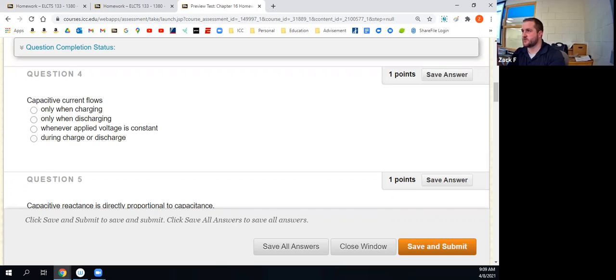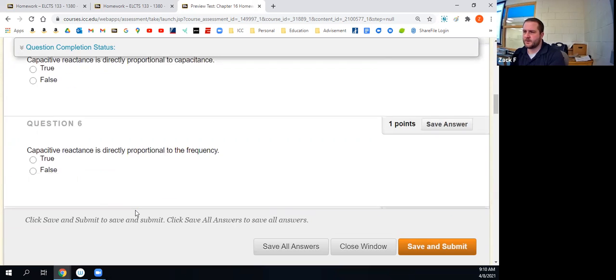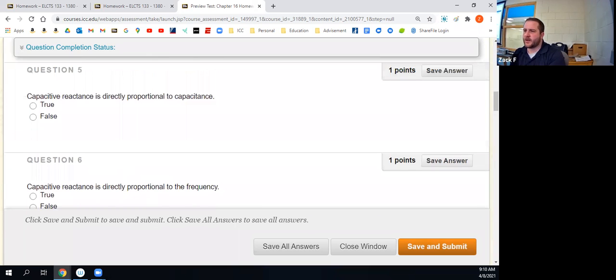So the charge switches direction, the voltage switches direction, and it discharges. True or false? Capacitive reactance is directly proportional to capacitance. Inversely proportional to capacitance. So as capacitance goes up, the reactance goes down.